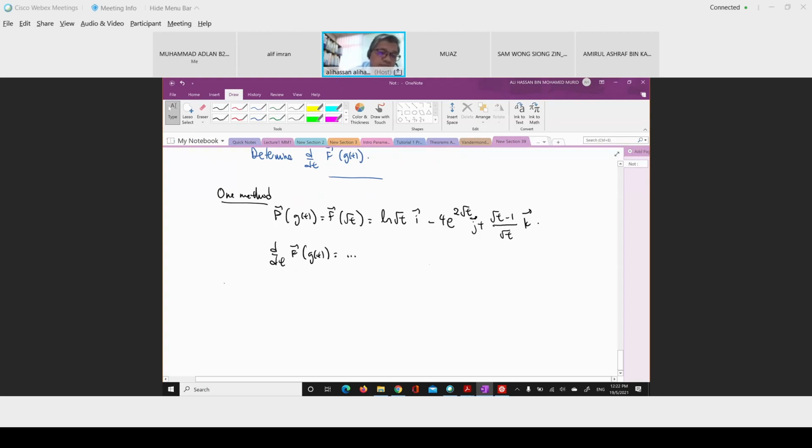Another more efficient method is using the chain rule. What is it?